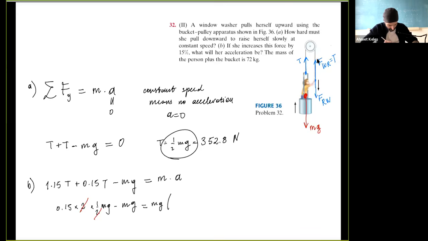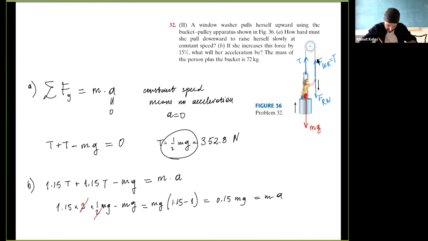So the same guy here, this is also 1.15. Then this guy is 1.15 mg, 1.15 minus 1, which is equal to 0.15 mg, but this is equal to m times a.